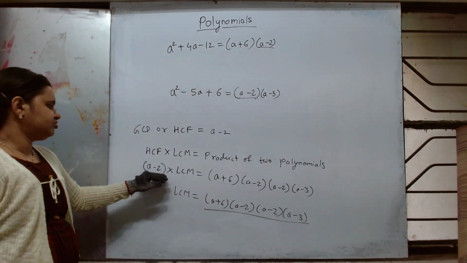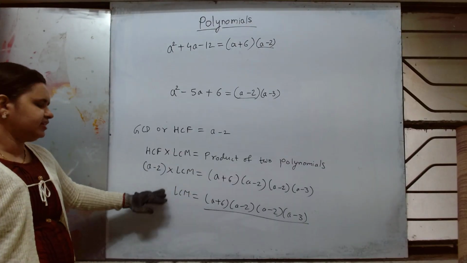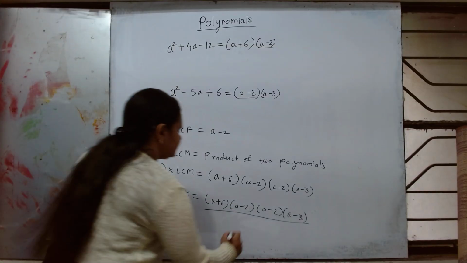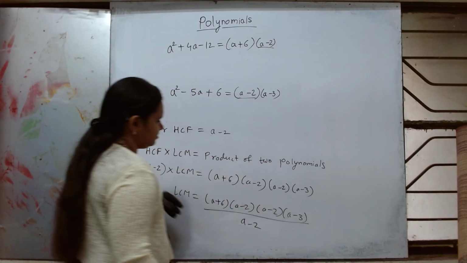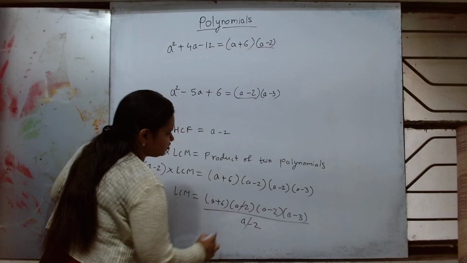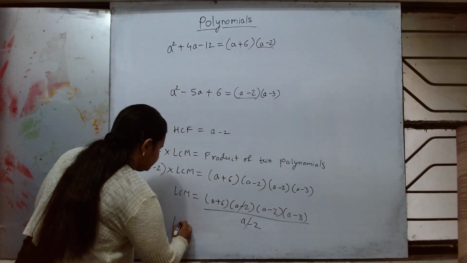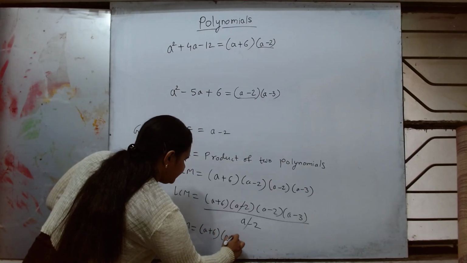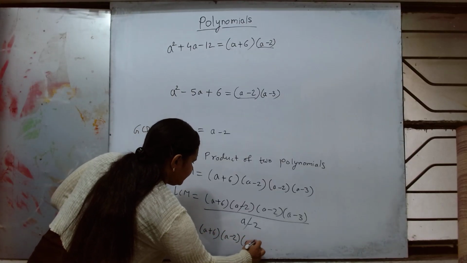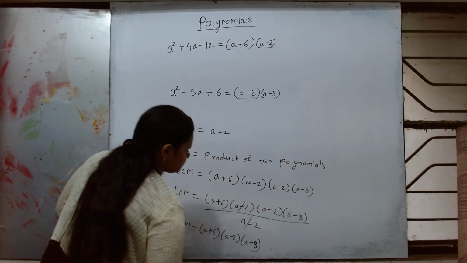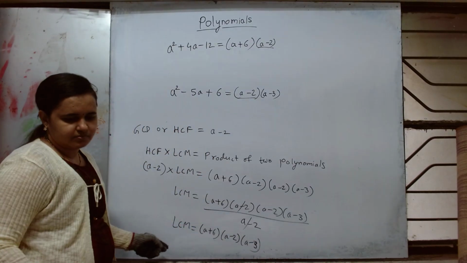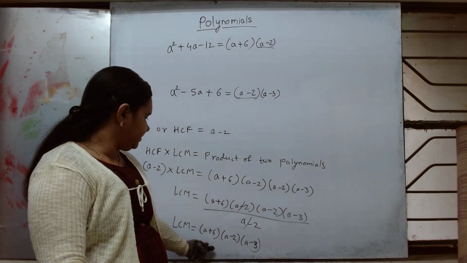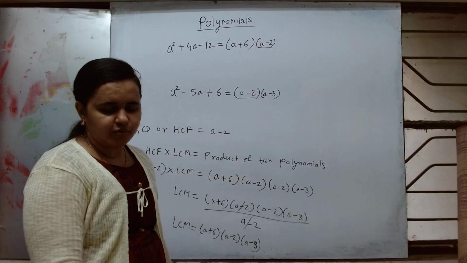If I divide by a minus 2 on both sides, a minus 2 upon a minus 2 will be 1, and a minus 2 cancels with a minus 2, and we will get LCM as a plus 6, a minus 2, a minus 3. So the option is LCM is a minus 2, a minus 3 and a plus 6. The option number is the second.